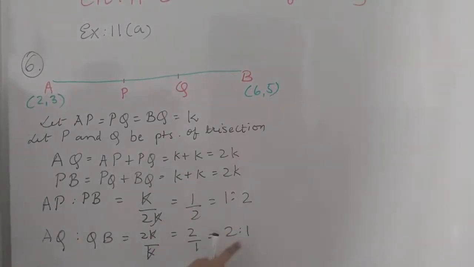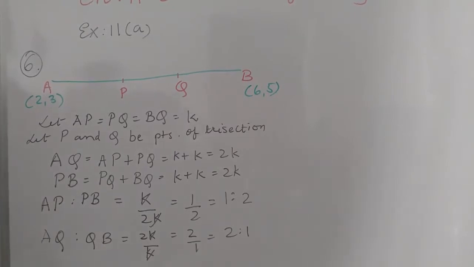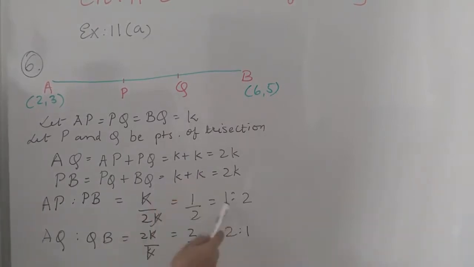So this is the ratio we will use for our Q coordinates. So first of all, we have decided which ratio we are going to use for P coordinates and for Q coordinates.